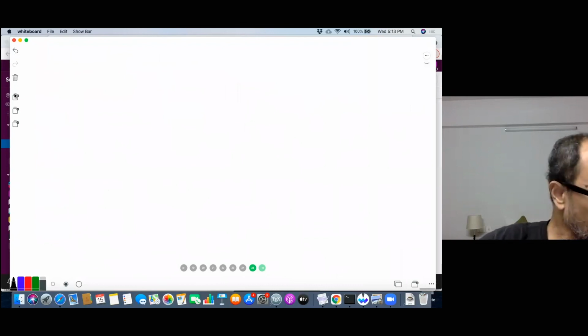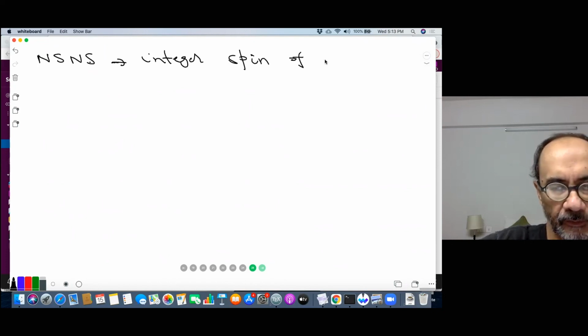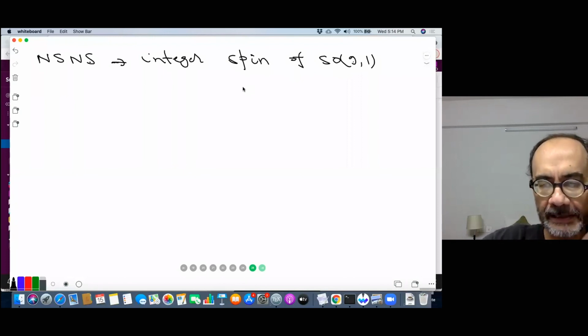So what we see is that the NSNS states have integer spin of SO(9,1), because all the vertex operators carry only the index mu and its various symmetrizations.